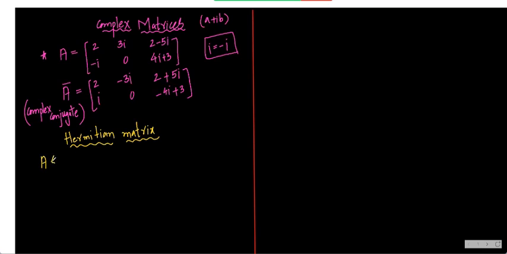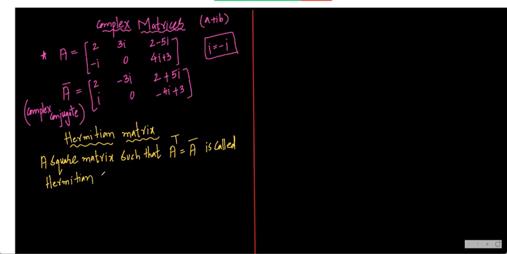A square matrix A such that A transpose is equal to A bar, that is, the transpose of a matrix is equal to its complex conjugate, is called a Hermitian matrix.